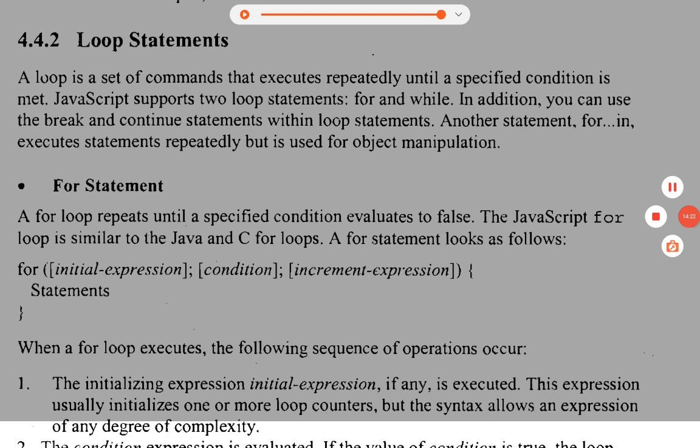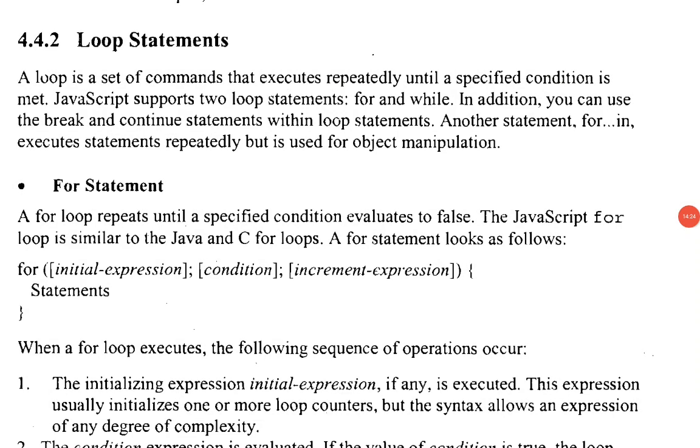In the initialization part, we initialize the index variable or looping variable with some value, in the conditional part we test the given condition, and in the increment and decrement part we increment or decrement the looping variable. So these are the three components of a for loop.